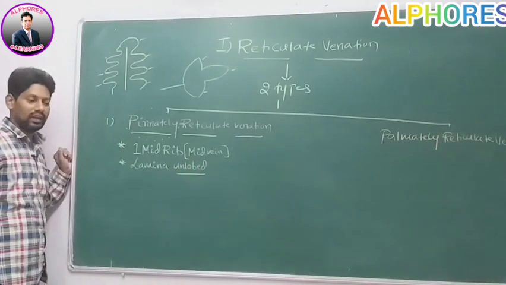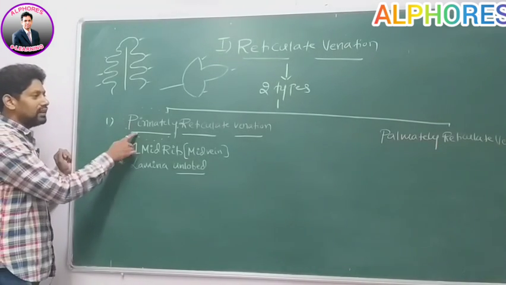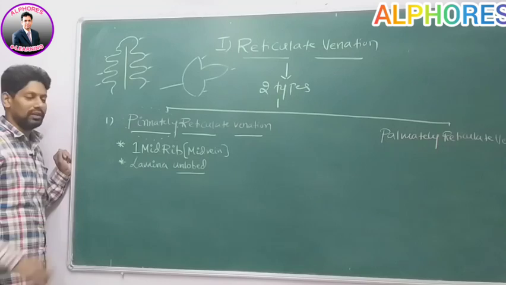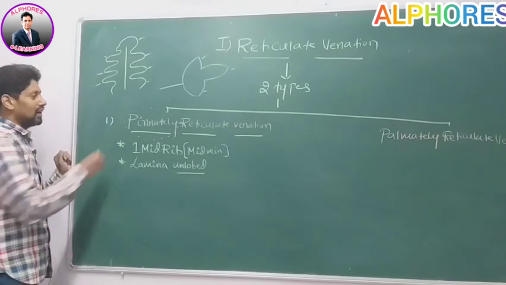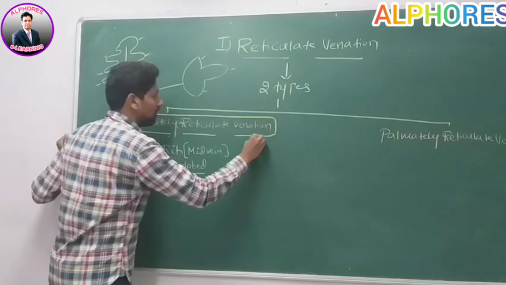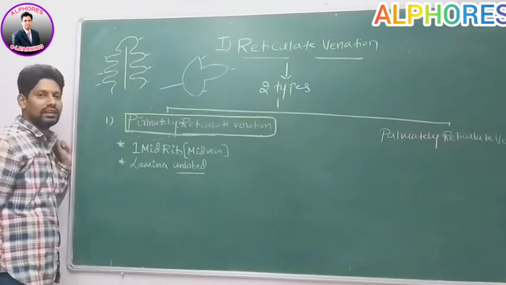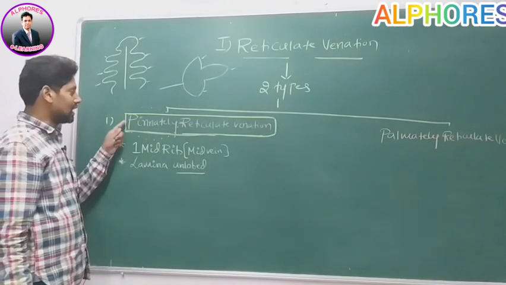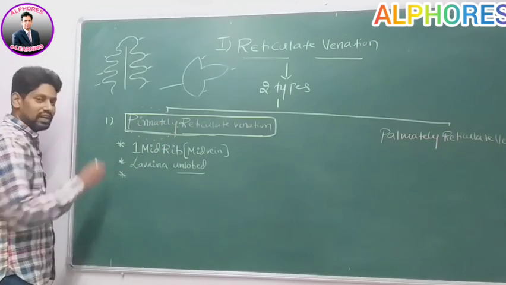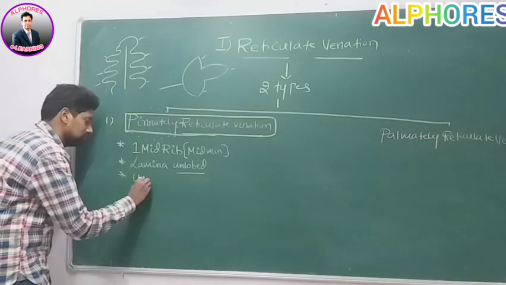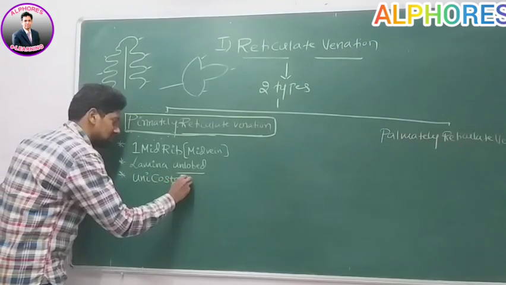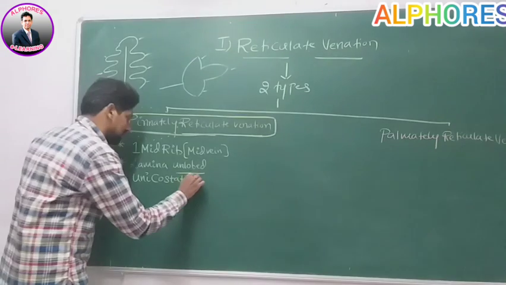Is this statement okay? Now you tell me. In pinnately reticulate venation, how many midribs are present? One midrib. That's why this pinnately reticulate venation is also called unicostate reticulate venation.